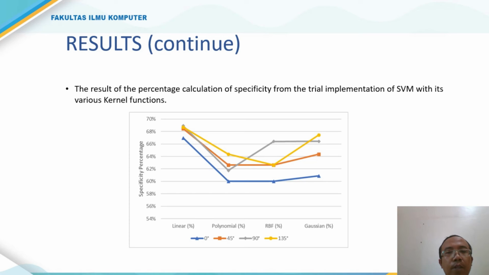The highest specificity result of 68.91% was obtained by the linear kernel with a direction of 90 degrees.